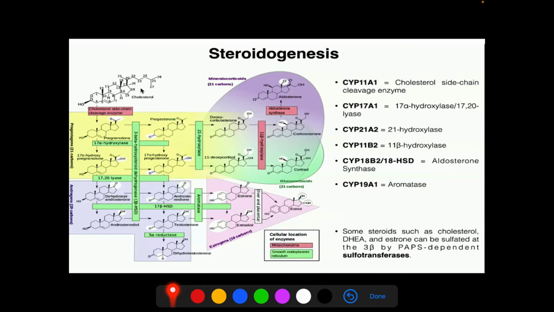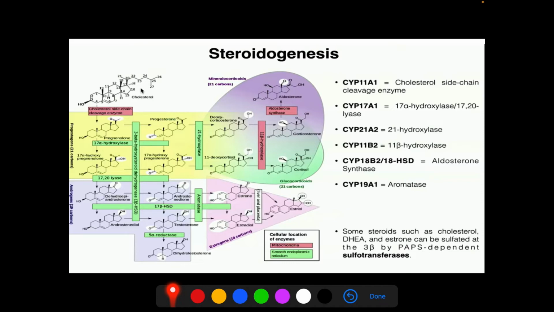So now let's take a look at the pathway. Here's our parent structure, of course, cholesterol. Pay attention also to the numbering system because some of these enzymes are going to be named based on the numbering system of cholesterol. Notice that the structure is numbered. For example, they are going to act on certain carbon atoms or hydroxyl groups.